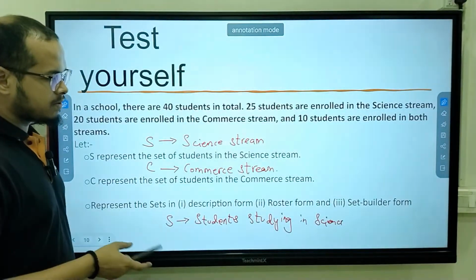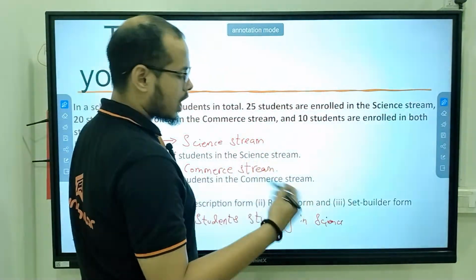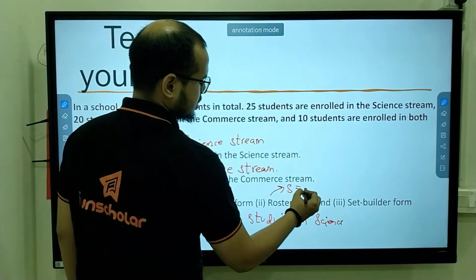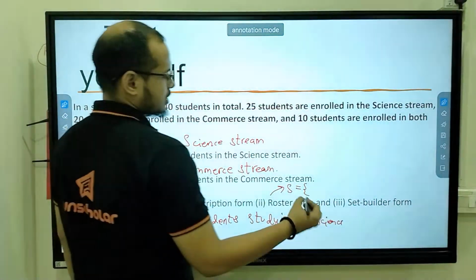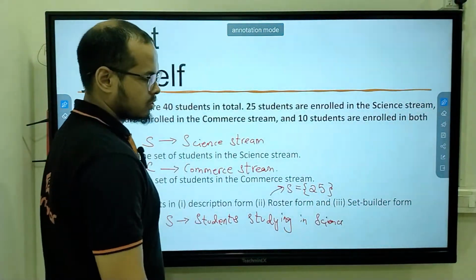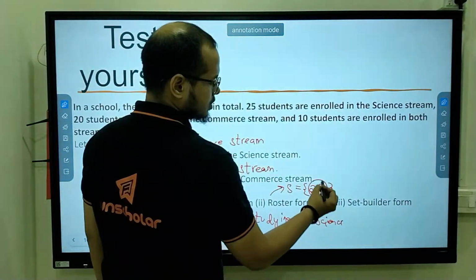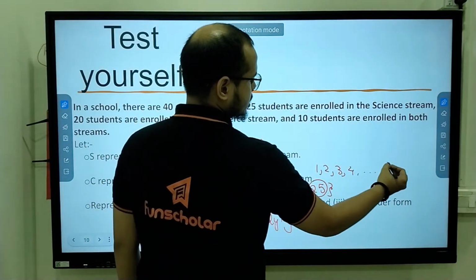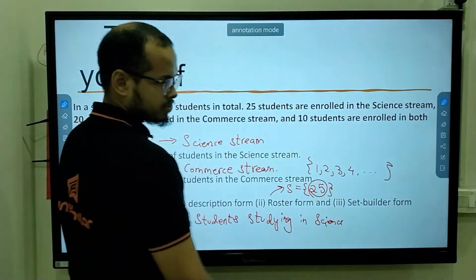Done. Roster form is where we have to understand: S is equal to bracket, and we will write the names or the numbers of the 25 students. So here we cannot write 25 as a whole. We have to write 1, 2, 3, 4 like that. We have to specify all the 25 students that are present.